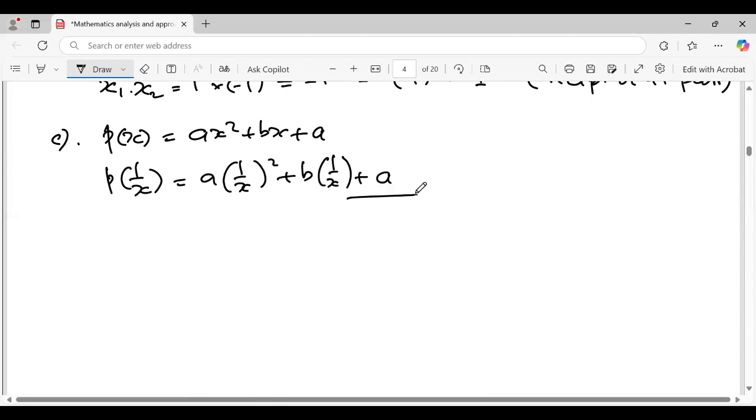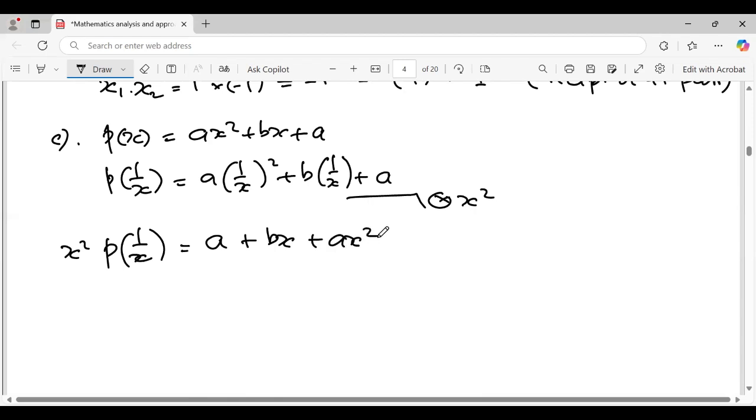If we multiply by x squared, it becomes x squared times P of 1 over x, which is a plus bx plus ax squared.